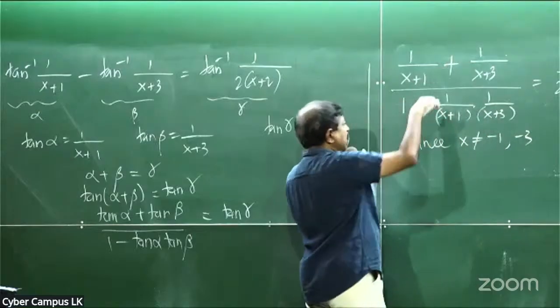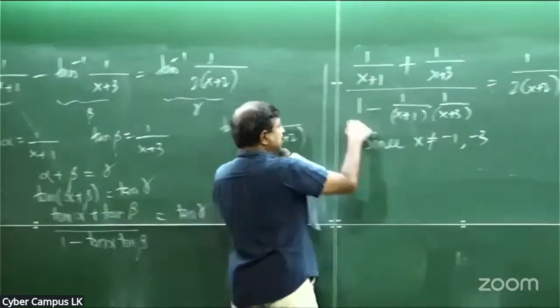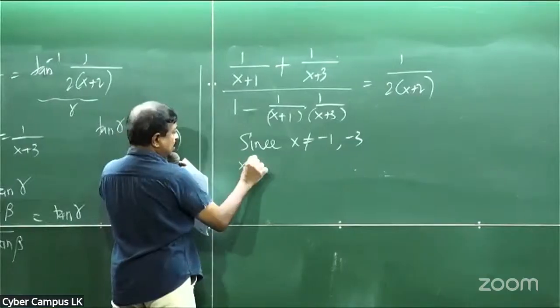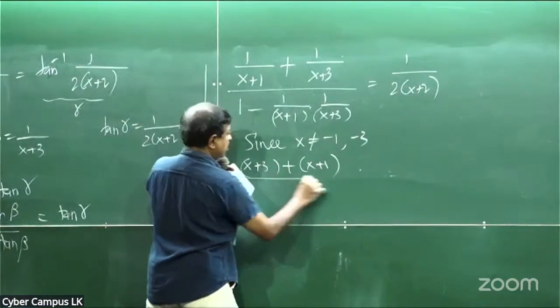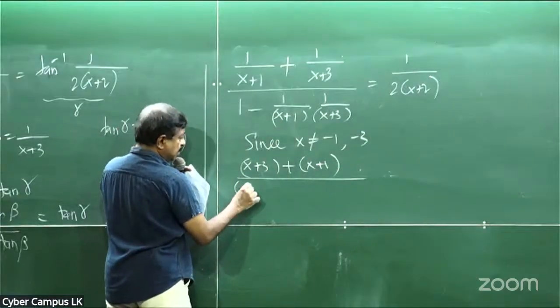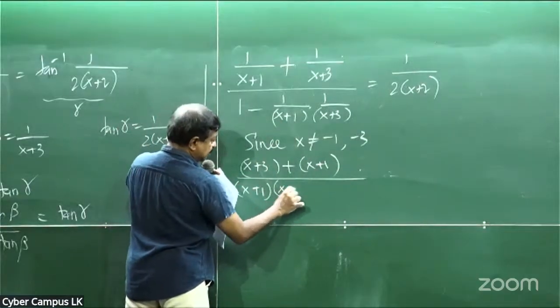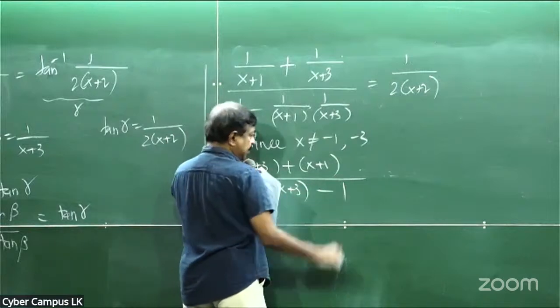You can multiply everything by x plus 1 times x plus 3. The left hand side, you get x plus 3 plus x plus 1. This will be multiplied by x plus 1 times x plus 3, minus 1.